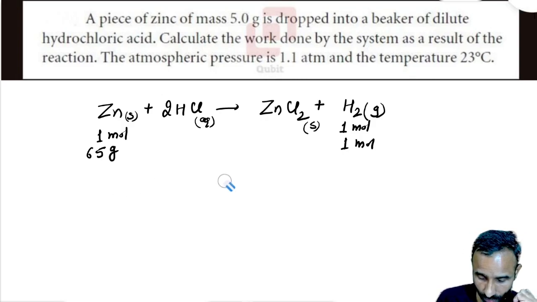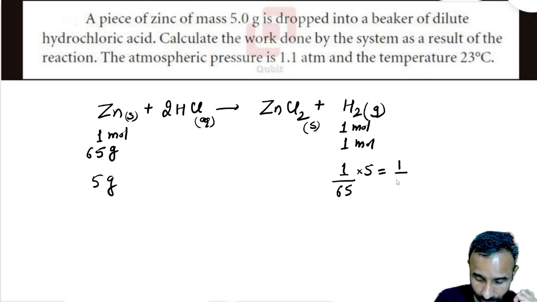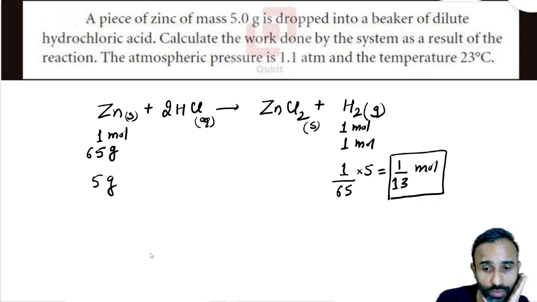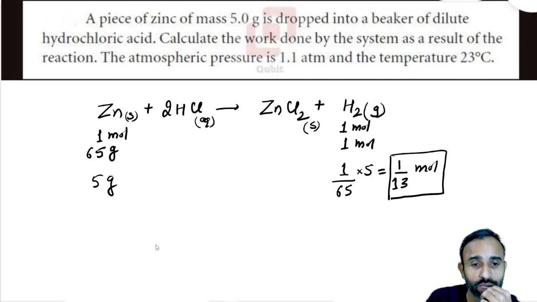So if it is 5 gram, then we will get 1 divided by 65 into 5, which is 1 by 13 mole. So these are the number of moles we will get. In the starting, the volume of the gas is 0.